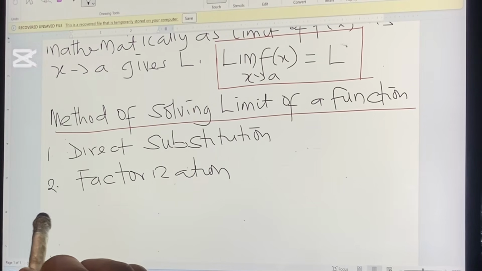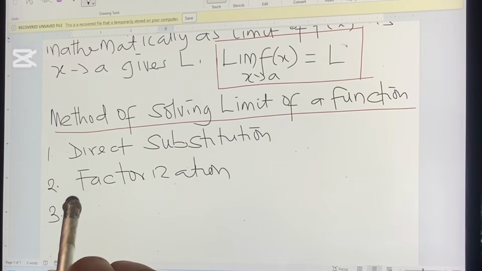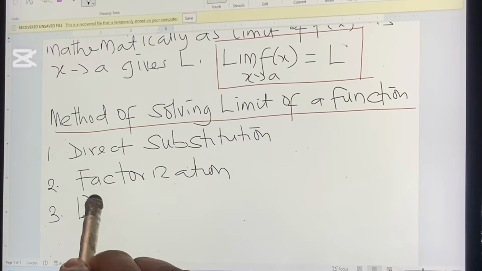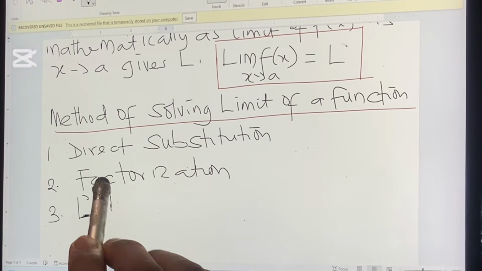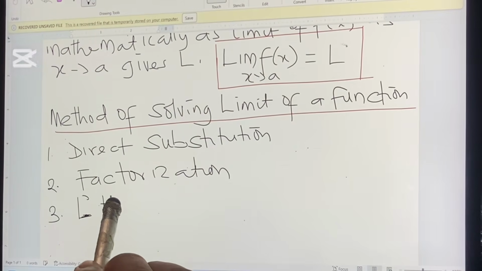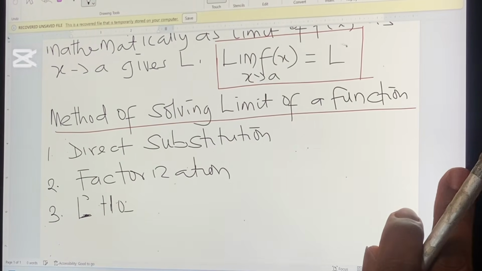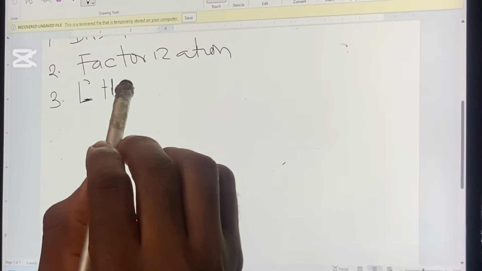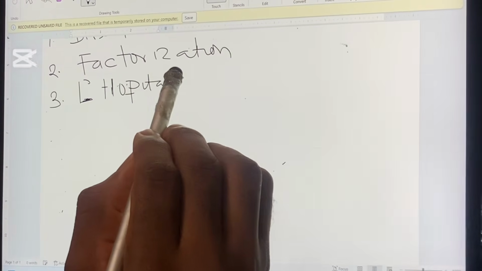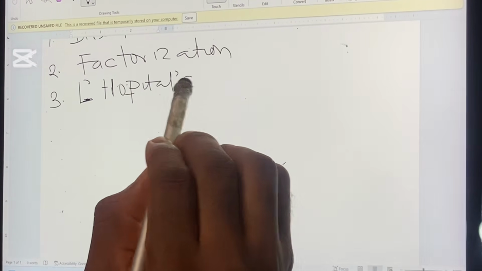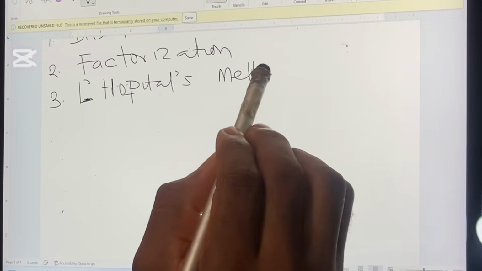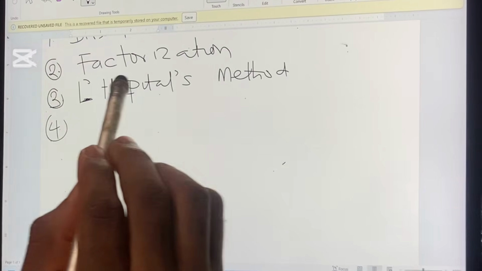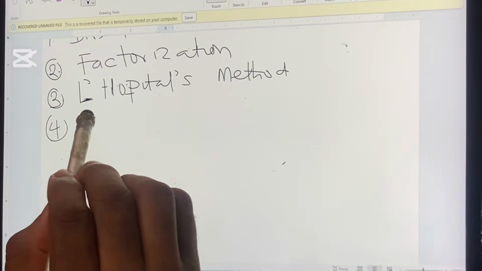The third method here is L'Hopital's method. The fourth method here, class, is rationalization method. Please take note.